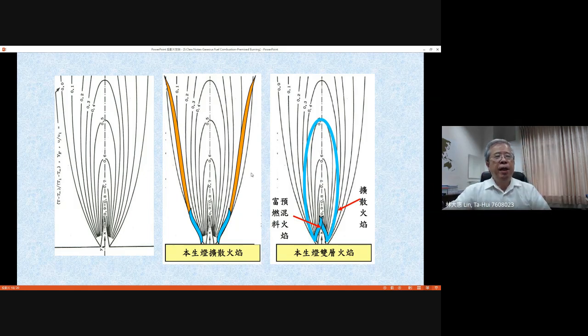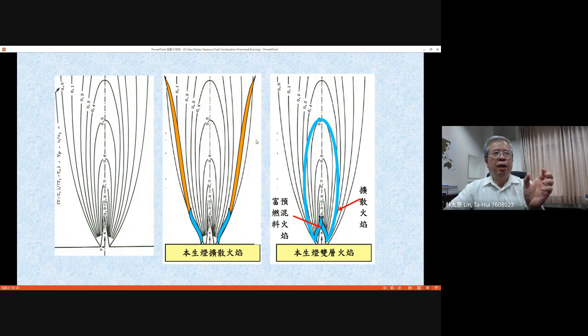Okay, this basically tells you the location of the diffusion flame is determined by the balance of the diffusion transport of oxygen from the outer region and the diffusion transport of fuel in the inner region of your jet. Okay, this is the first point I want to mention. Where is the diffusion flame? It is basically determined by the separation of fuel and oxygen.